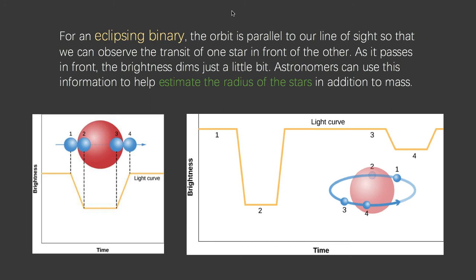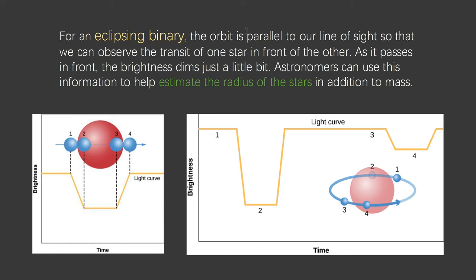Now the third and final type of binary system that we'll think about are eclipsing binaries. And in this case, the alignment is very special. Their alignment relative to us is very special in that we are in the direct line that is the plane of their orbit.